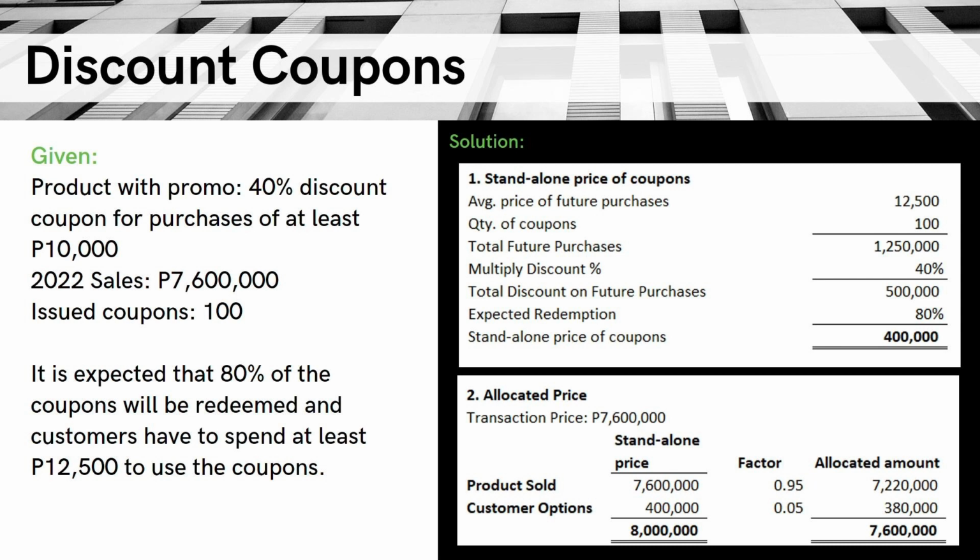So, in here, the total allocated amount should be the same as your transaction price. So, this is what we record in our books, the allocated amount, not the standalone price. Okay, so again, the standalone price is just used to get the factor. So, the final amount should be this allocated price.